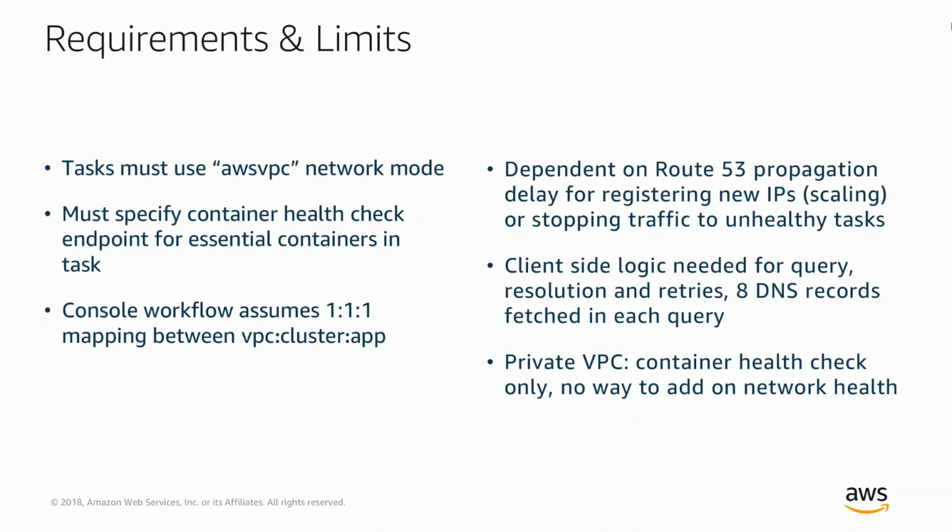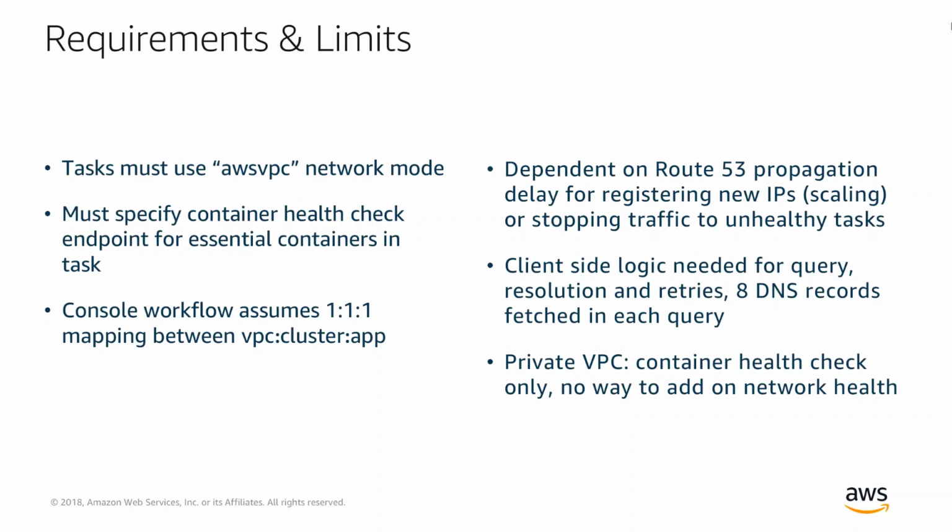So it's important to have client side logic which will check that query and retry if, for example, one of the IP addresses that it received had gone out of service and was removed from the Route 53 record, but that change hasn't yet propagated over DNS to your particular machine that's making the request.